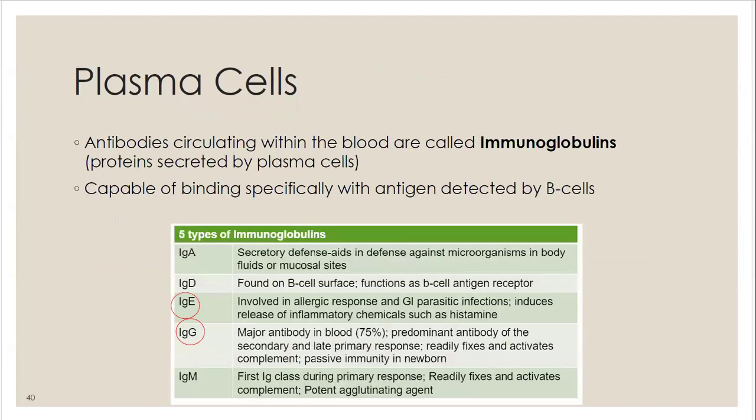Plasma cells are the antibody-secreting cells of the immune system, and they play a vital role in humoral immunity as well. What you need to know is that antibodies, also called immunoglobulins, are proteins secreted by plasma cells into the bloodstream.